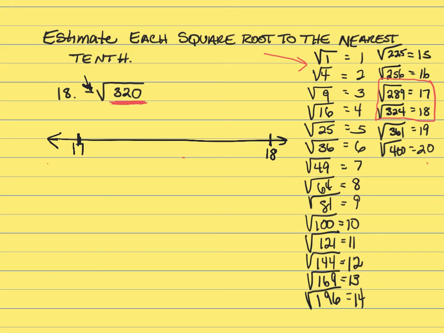Okay? So we know that this is the square root of 289, and this is the square root of 324. Now, halfway is 17.5.